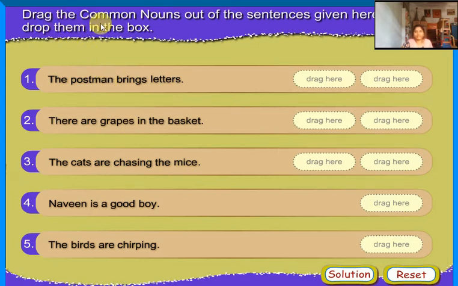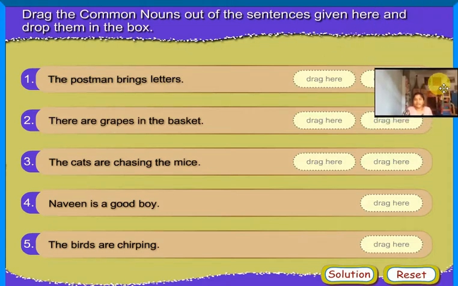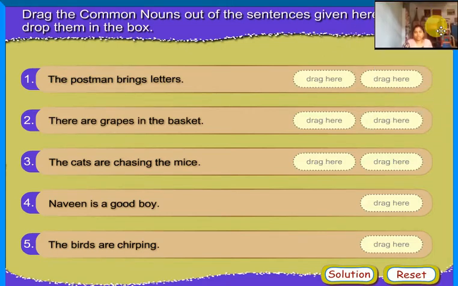Drag the common nouns out of the sentence given here and drop them in the box. The postman brings letters. Postman, letters. There are grapes in the basket.